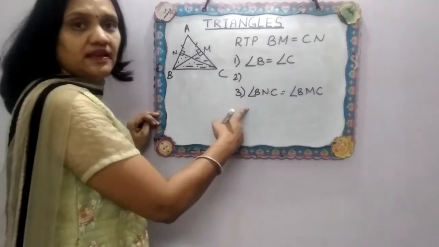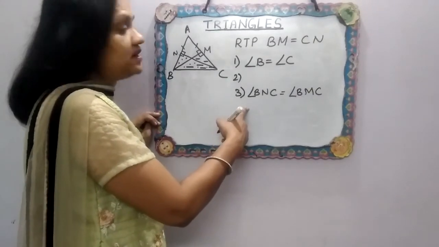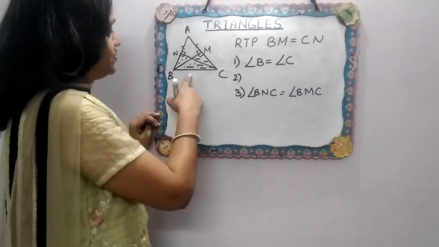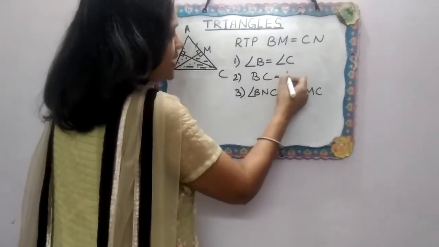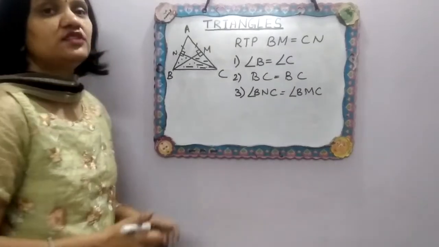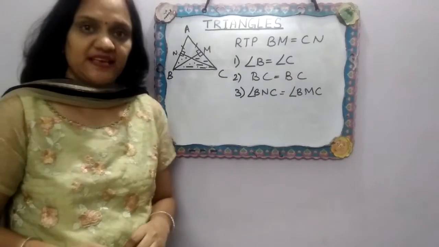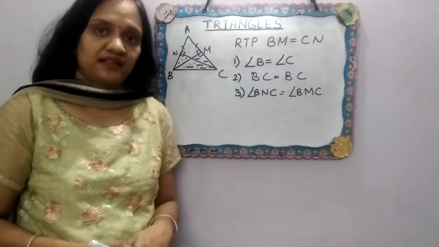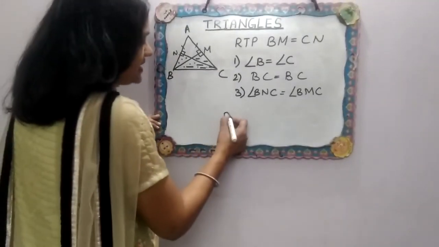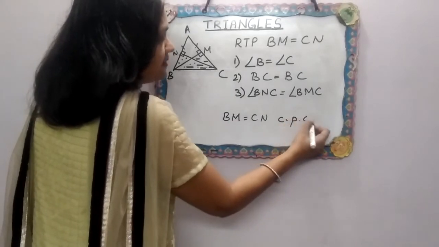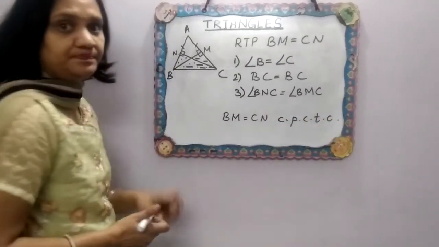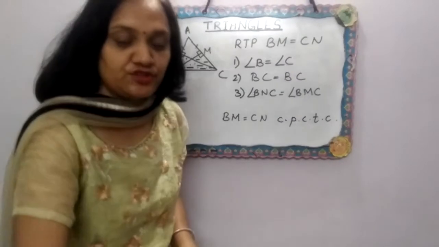How do we know this? It's given that BM and CN are altitudes, and you can see that BC is a common side for both the triangles. So we can say that the two triangles are congruent by SAS property. Since the two triangles are congruent by SAS property, BM will be equal to CN by CPCTC. I hope this is clear to you.